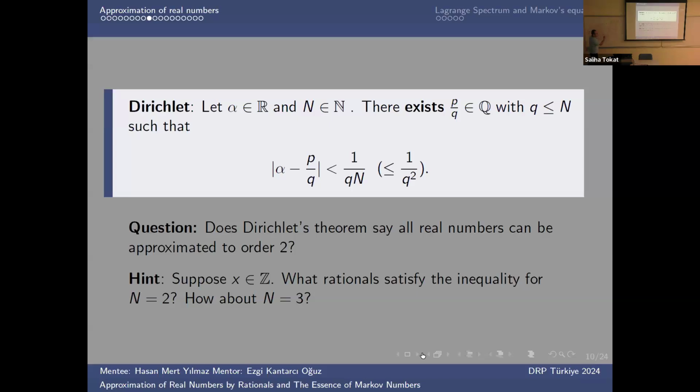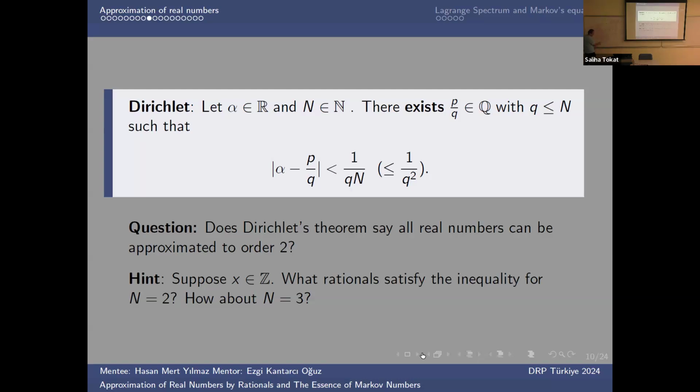|x - p/q| < 1/q². This means that p/q - 1/q² < x < p/q + 1/q². Multiplying by q, we obtain -1/q < qx - p < 1/q.